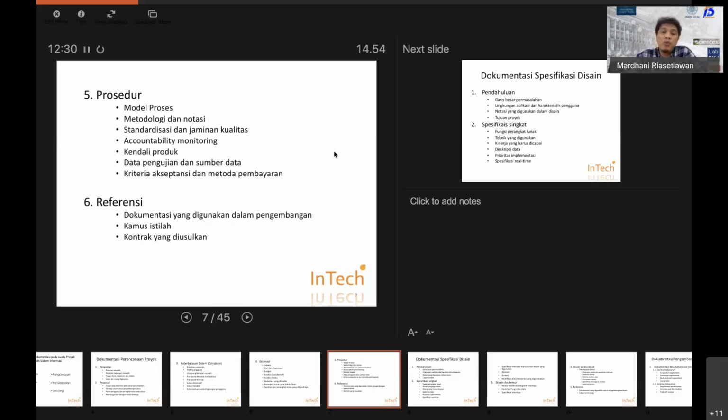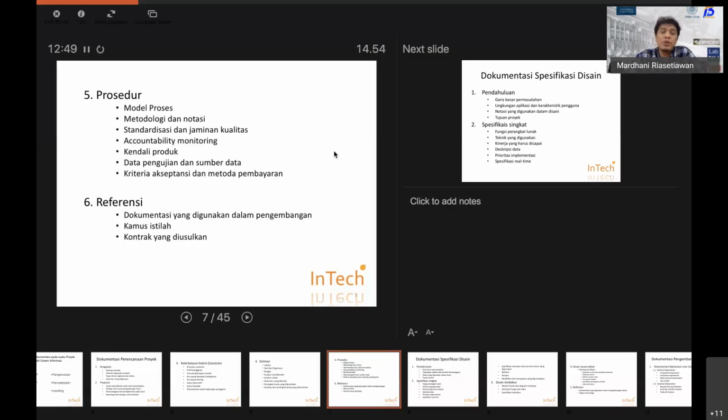For example, if in the future you become a project manager or information technology manager or maybe director or something else, it's very important that you pay attention if you want your organization to comply with some audit process.